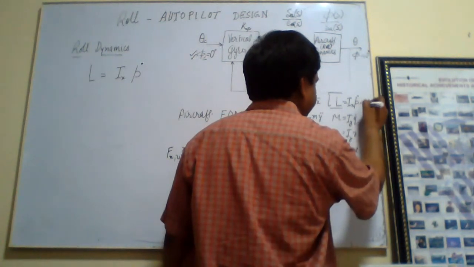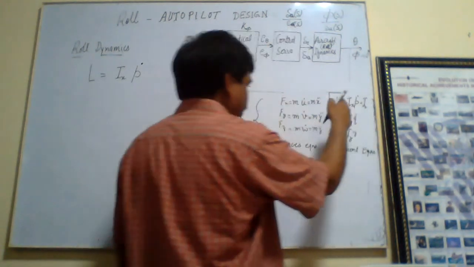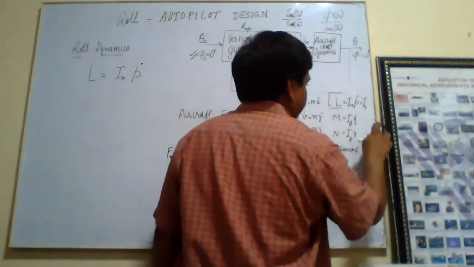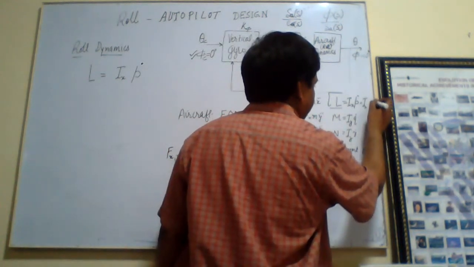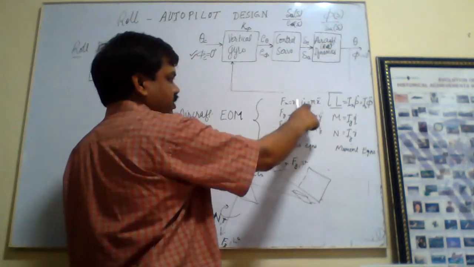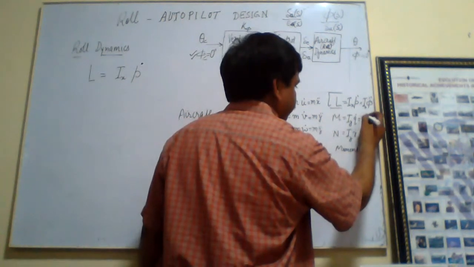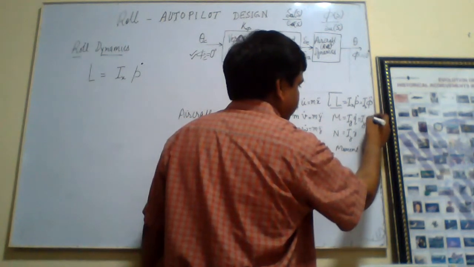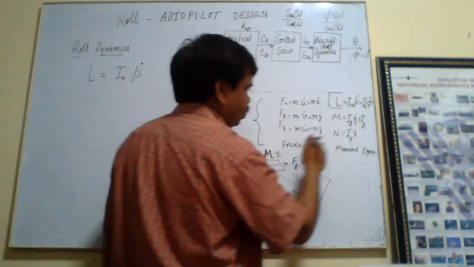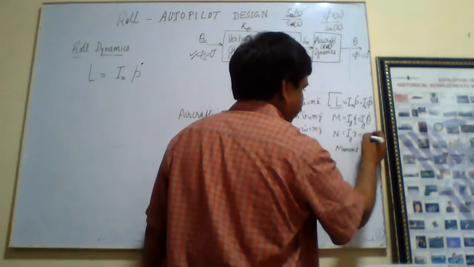I can further write I, then my roll rate is equal to phi double dot. Here you have distances, here you have angles. Then here I have moment of inertia about y. For pitch, I have the pitch angle, double dot of pitch.